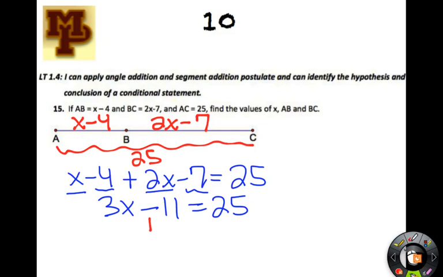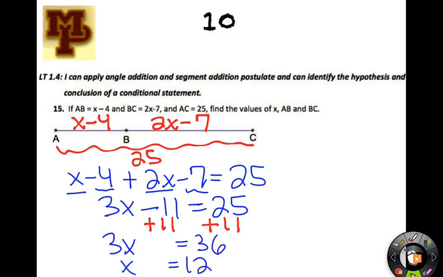And then we add 11, we're trying to get the x by itself, so we got 3x equals 36, and x equals 12. So let's make sure we answer the question. So x is 12. Then it says find AB. Well, AB, remember, is equal to x minus 4.